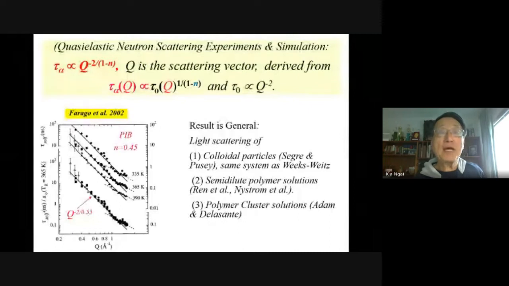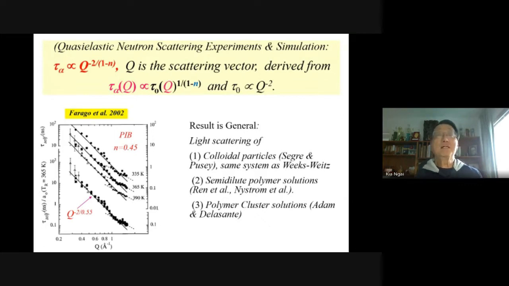Indeed, it's Q to the minus 2, which is normal. It's like Gaussian. Q to the minus 2 is normal, okay? So it is there. But then when you go to larger Q, which is longer distance, where now you're looking into the so-called alpha relaxation, you become different.